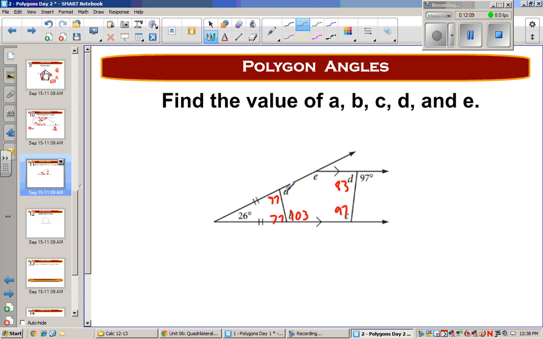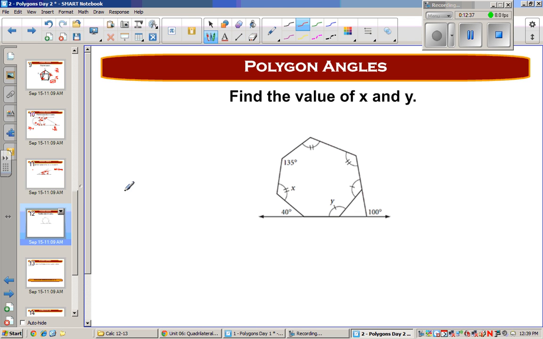So we have 103, 103. And now we have 4 out of the 5 angles in a pentagon. Pentagons add up to 540 degrees. So if I add 103 plus 103 plus 83 plus 97, subtract that from 540, E is left at 154 degrees.